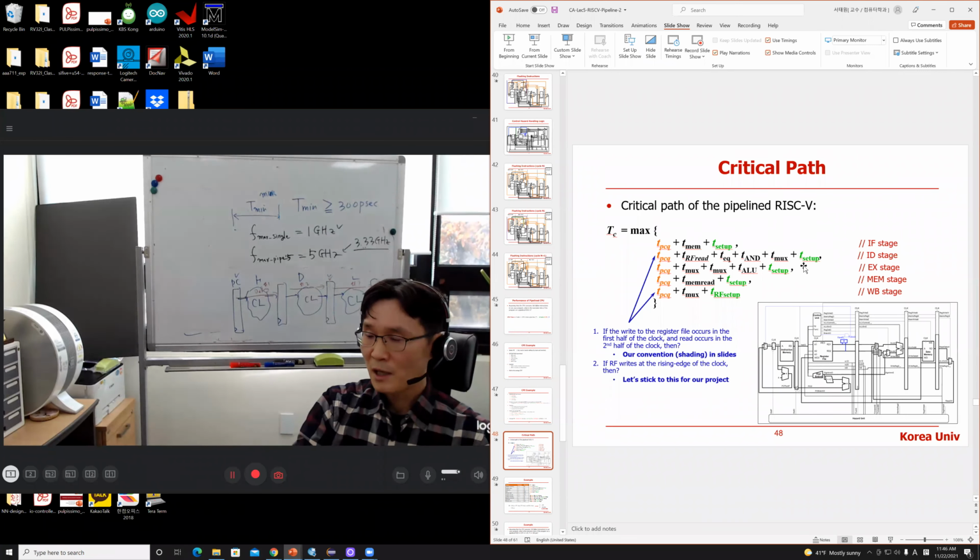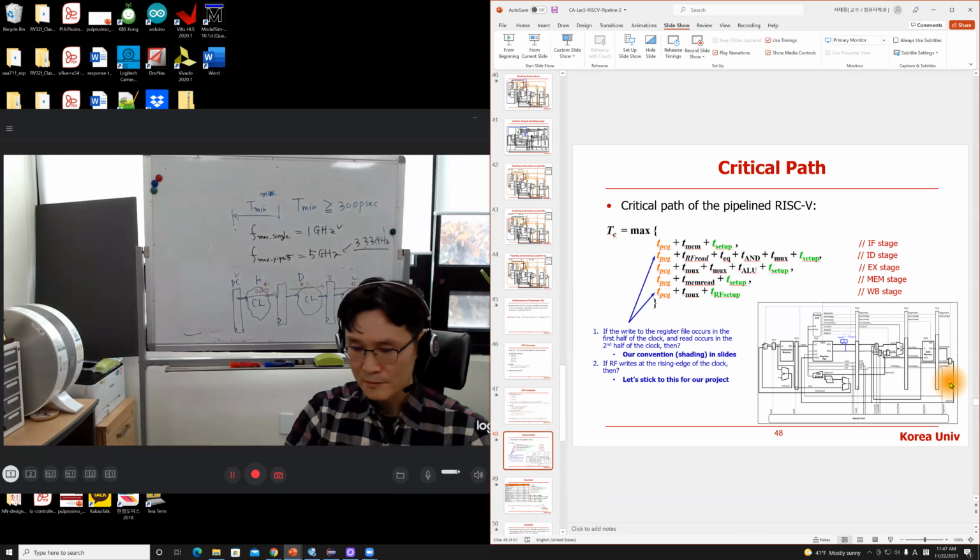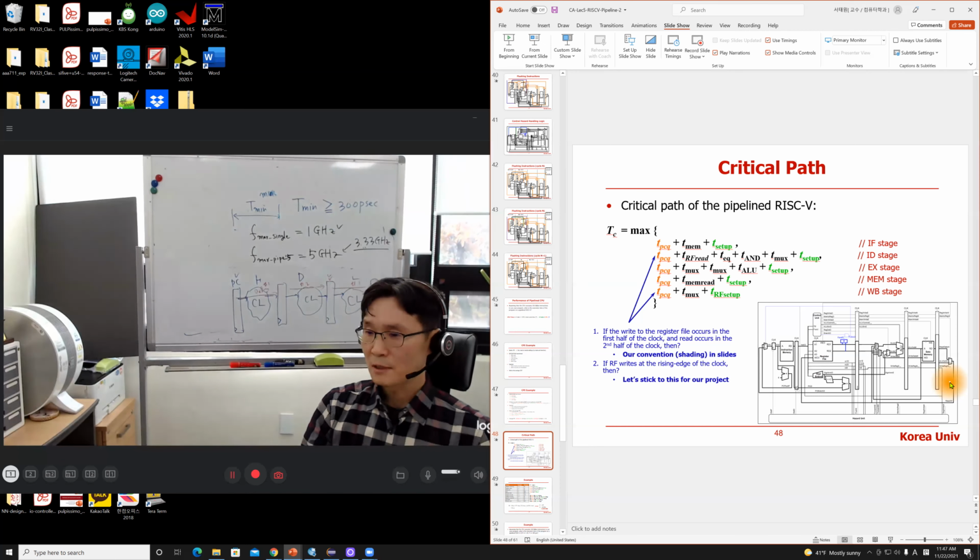Pipelining is very good because you need to invest a very small amount of hardware, flip-flops, essentially pipeline registers, and some hazard detection and handling logic. By adding that small amount of hardware, you can enhance the performance dramatically. So pipeline is a very good, very intuitive technique to increase CPU performance.